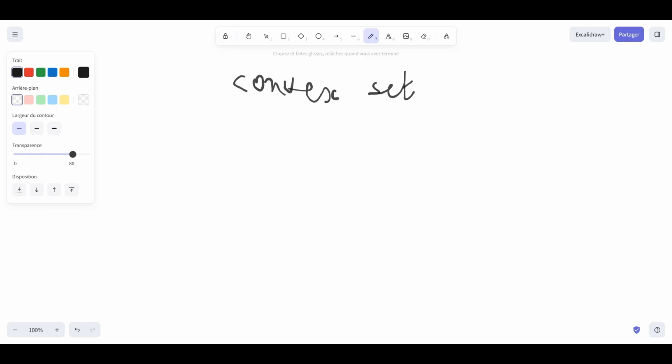A convex set is just something where, let's say that we have S being a set, it is included into V, which is a vector space.